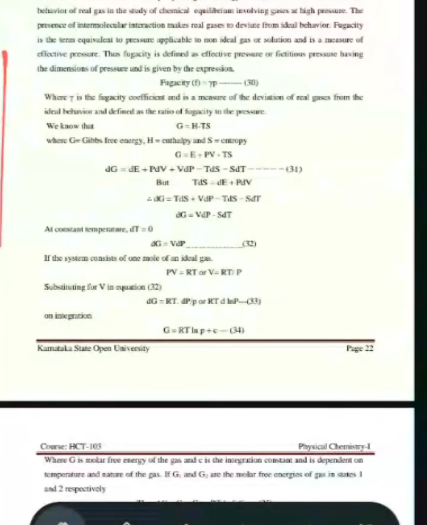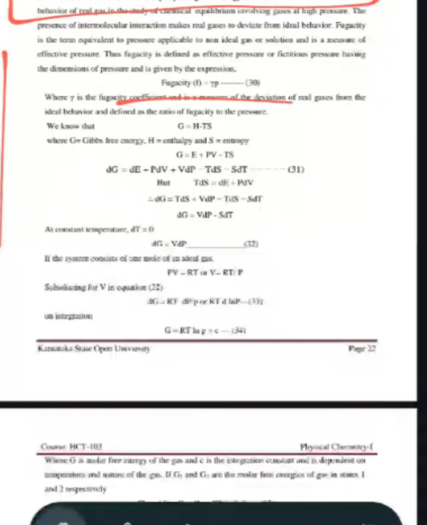Fugacity is a pressure-like quantity that is used to treat the free energy of non-ideal gases. It is defined as effective pressure having the dimension of a pressure and is given by the expression F is equal to psi of P, that is equation 30.